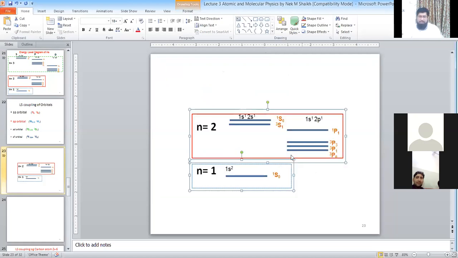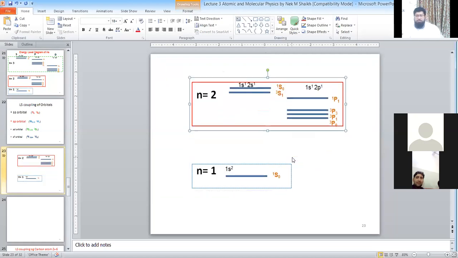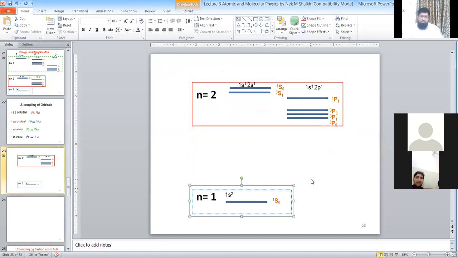If we say that this is the combination of n is equal to 1 and n is equal to 2, what is the transition here?